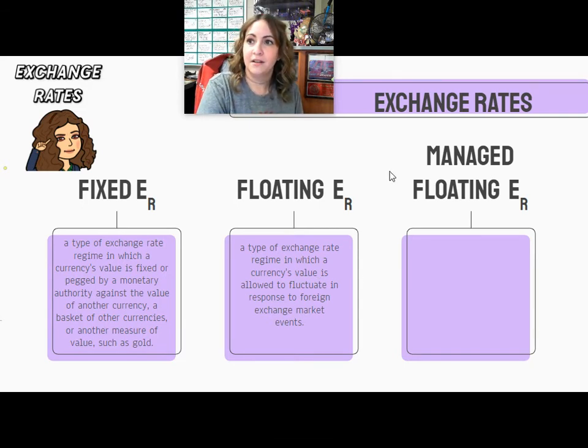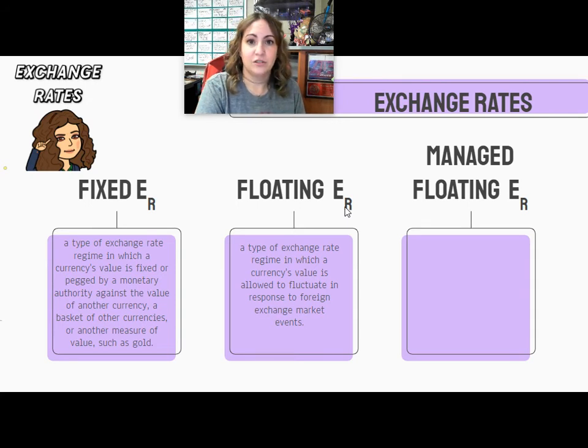But like cryptocurrencies, if you know anything about Bitcoin, since Bitcoin is not a regulated currency by any government, it is completely based on supply and demand. So the swings of the value of Bitcoin have been drastic over the last decade because it is floating. It changes based on supply and demand, and so it can fluctuate from $10,000 for one Bitcoin to 50 cents for one Bitcoin.